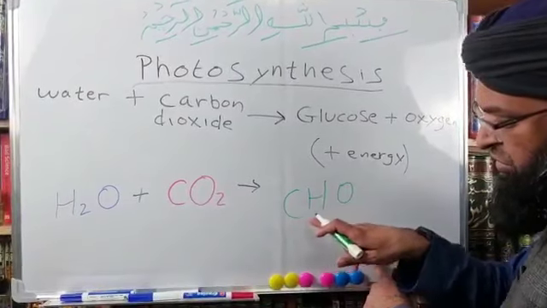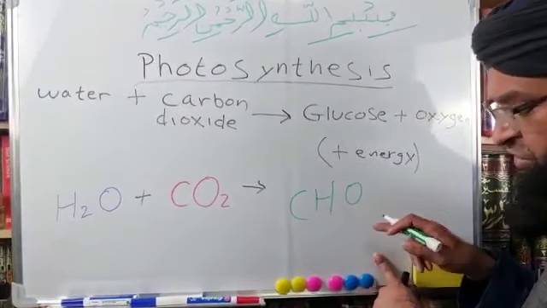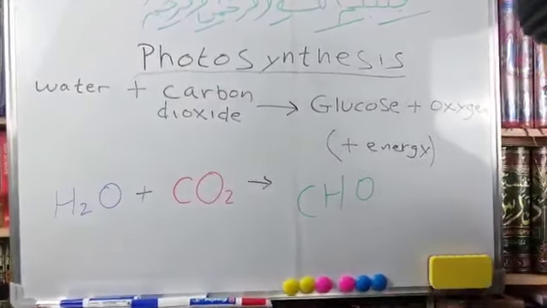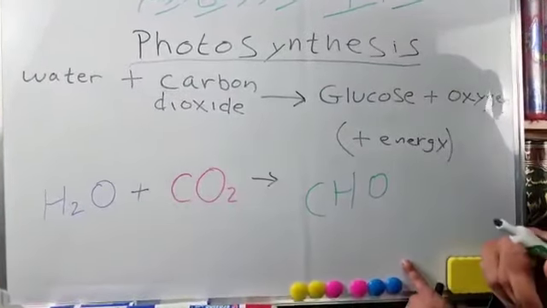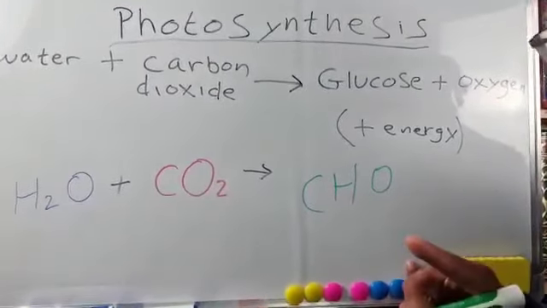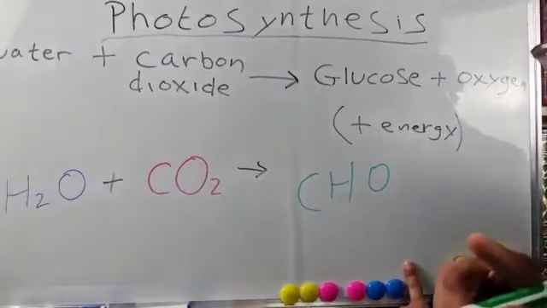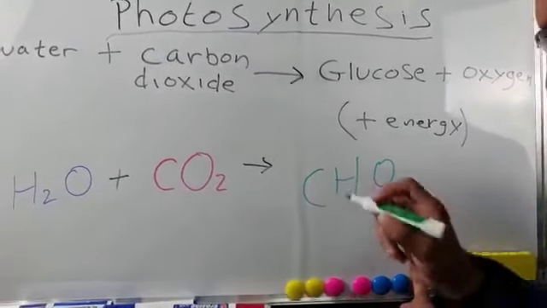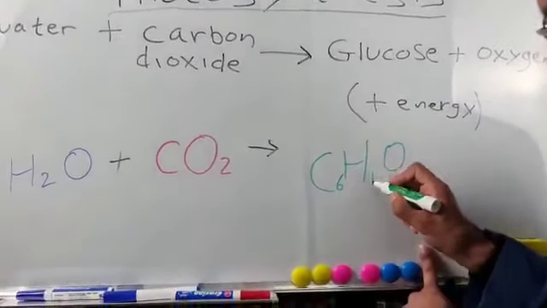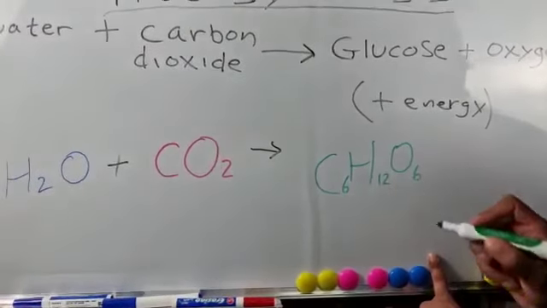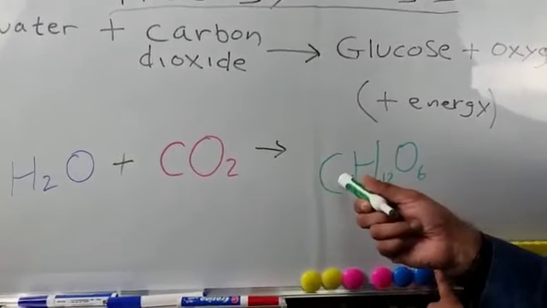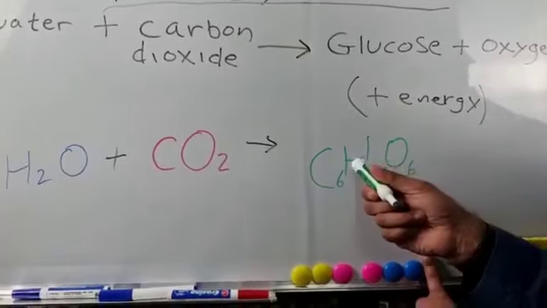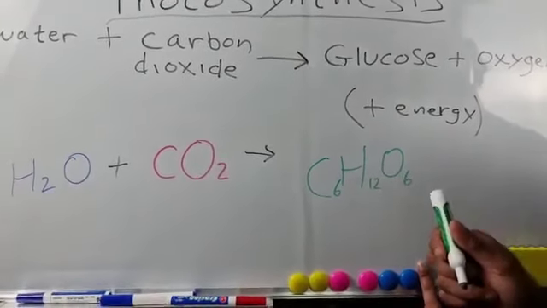This is carbon, hydrogen, and oxygen. Now, remember three numbers: 6, 12, 6. Say that out loud. 6, 12, 6. So I'm going to write 6, 12, 6. This means 6 carbons, 12 hydrogens, and 6 oxygens.